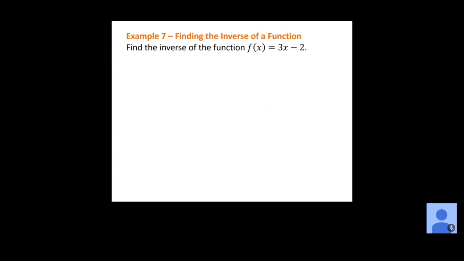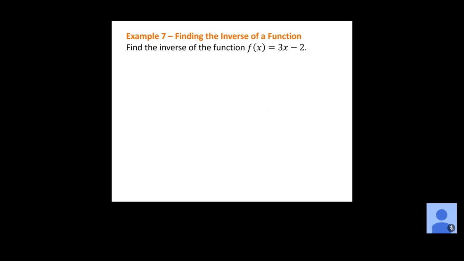Linear, good. So if we have a linear function here, is that going to be 1 to 1? Yeah, right. So all linear functions, if I pass a horizontal line over it, it's only going to touch one point on that line. And so this is definitely 1 to 1. So we know it's going to have an inverse function now.